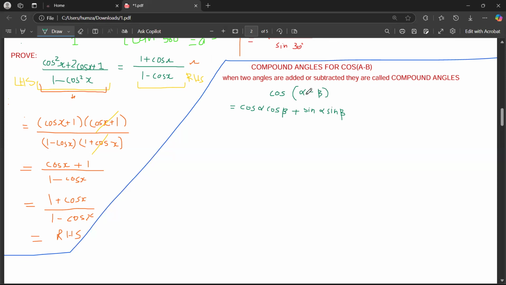With the cos angle, if we have a negative sign in the brackets, then to expand, we will write the positive sign. So now we are going to look at each example, and using the compound angle formula, we are going to expand the example. So let's look at the question.